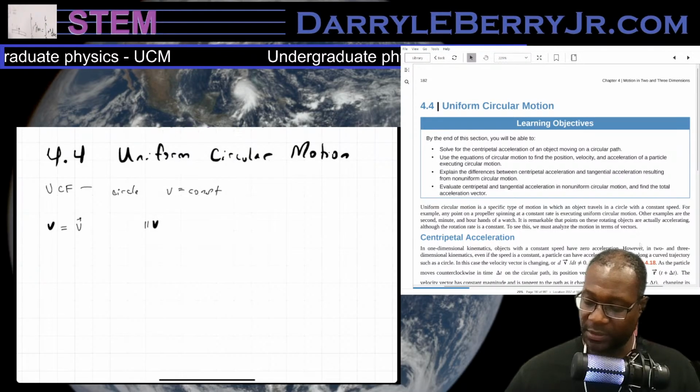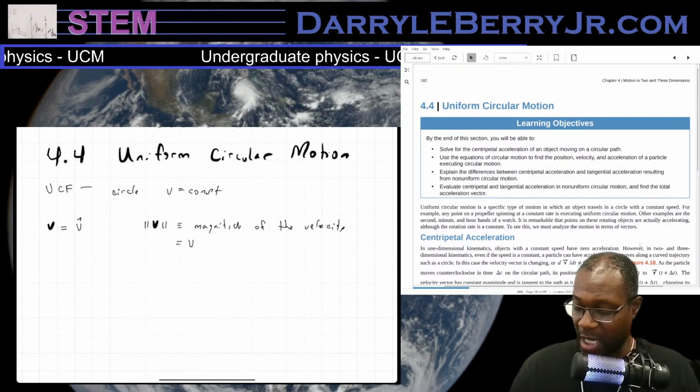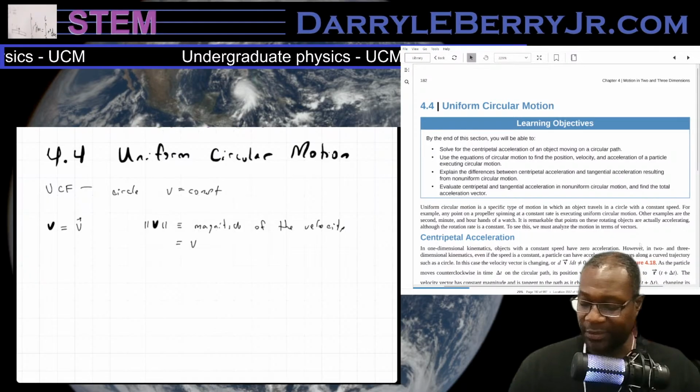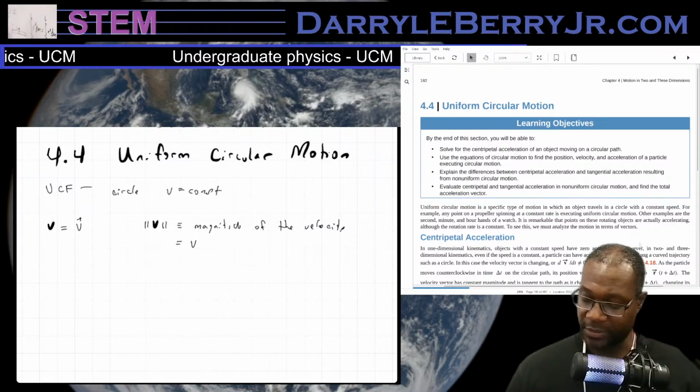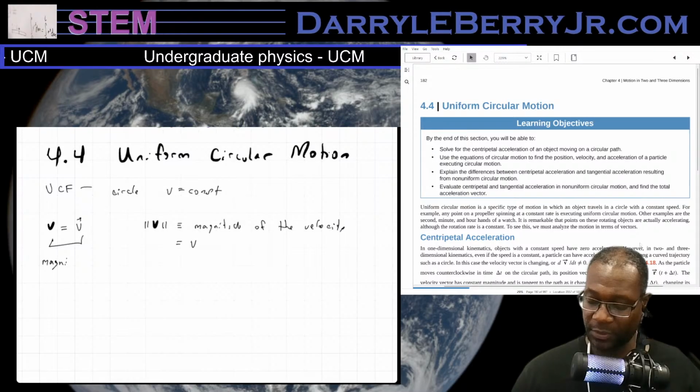So if I put this, that stands for the magnitude of the velocity, and I'll just write that like a V without any arrow. So the idea is that the velocity vector has a magnitude and a direction.